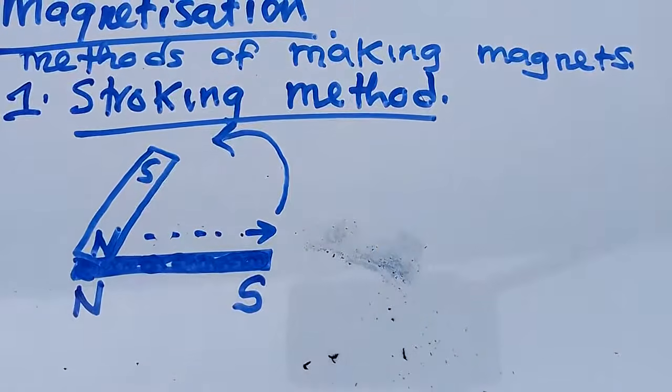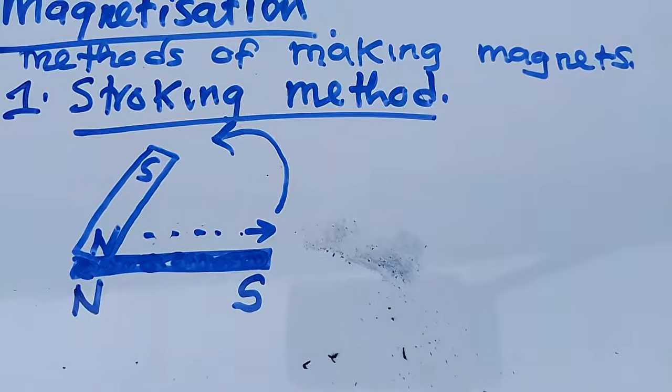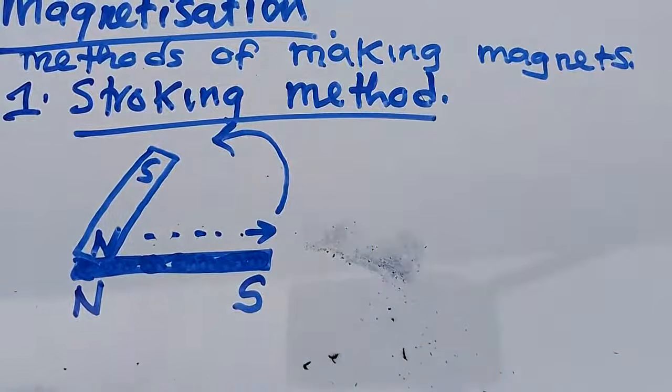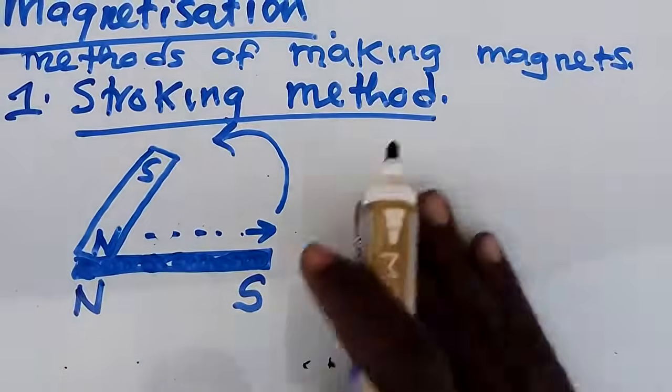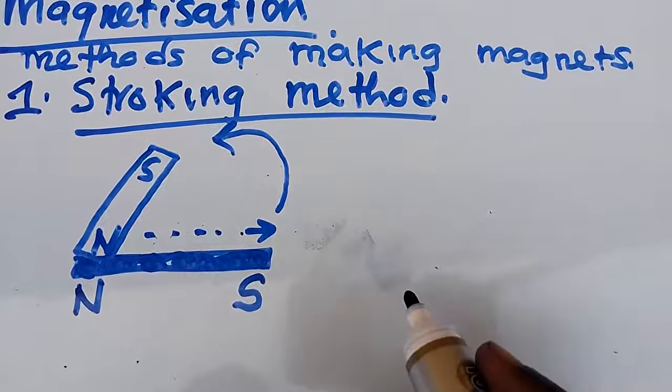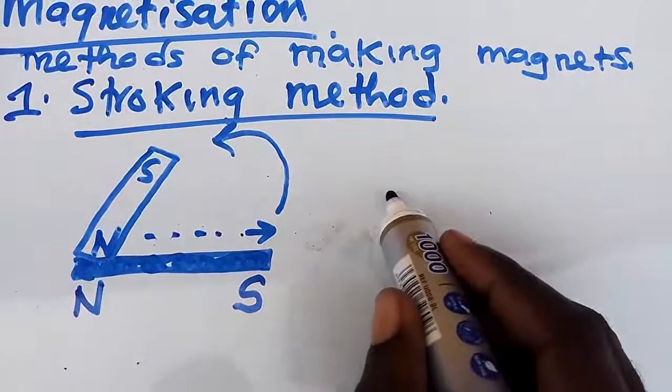The south pole. So don't confuse this one with the first part, which I said, that when it is near a certain pole, that one becomes an induced pole, the opposite. I hope you are able to relate and understand.